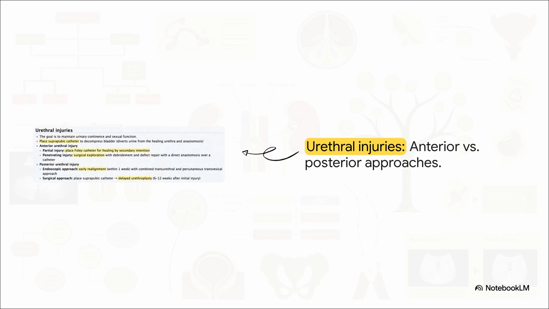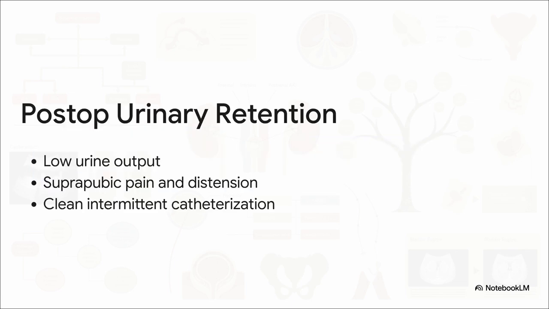Anterior urethral injuries, however, are managed with earlier surgical interventions or early Foley placement. Finally, postoperative urinary retention presents with low urine output, suprapubic pain, and noticeable bladder distension. The immediate treatment here is straightforward: indwelling or clean intermittent catheterization.